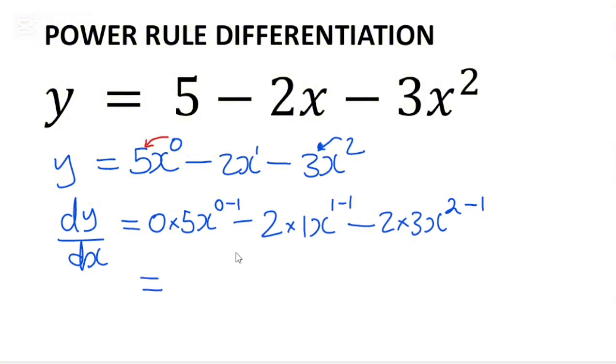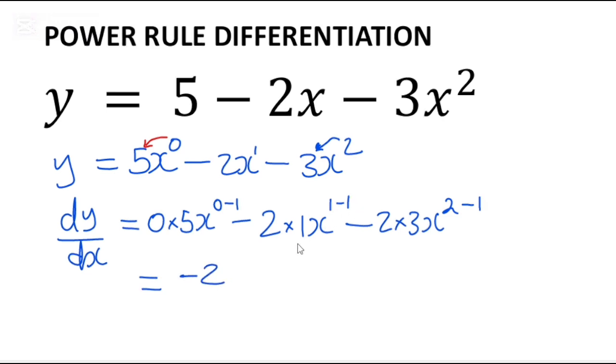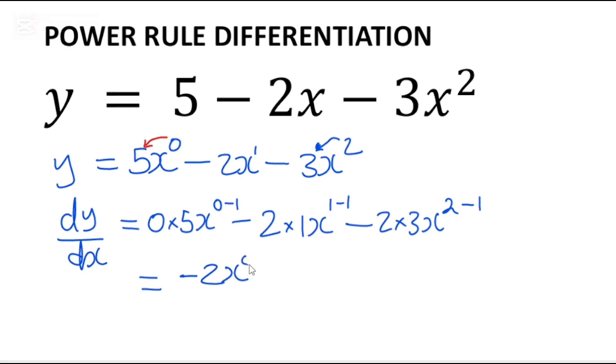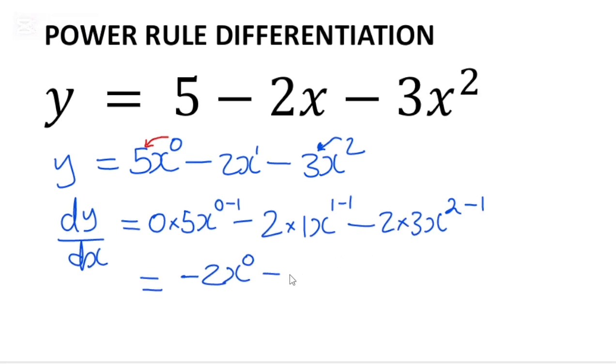So what we are going to have is negative 2 times 1, which is negative 2. 1 minus 1 is 0, so we have negative 2x to the power 0, then minus 2 times 3 is 6, then x to the power 2 minus 1 is 1.